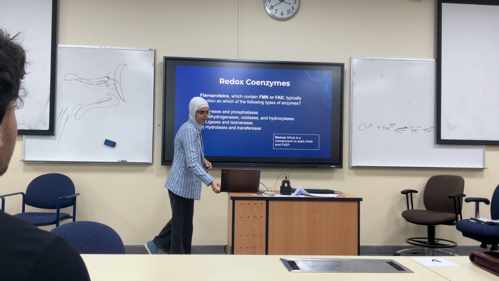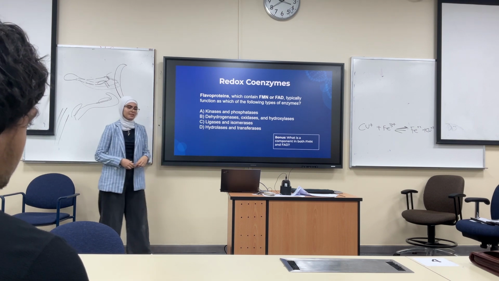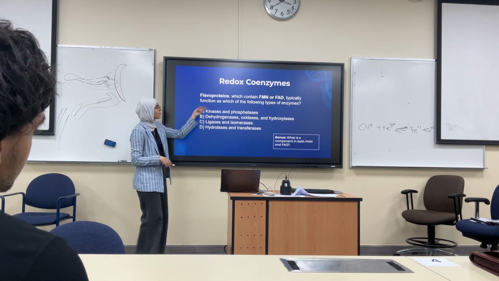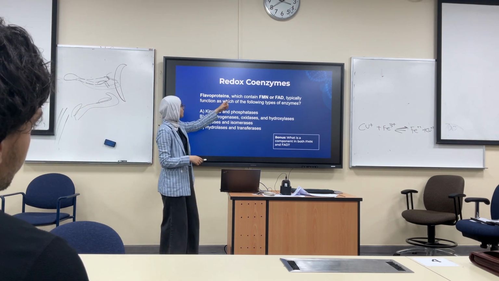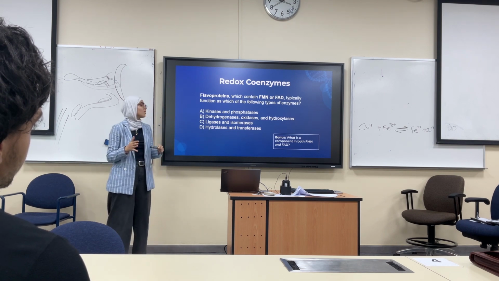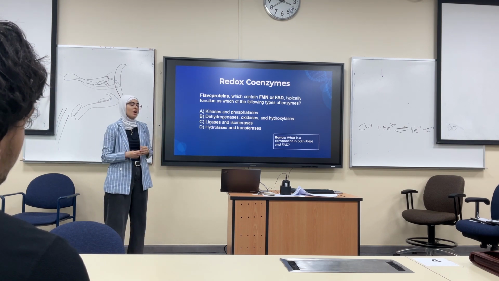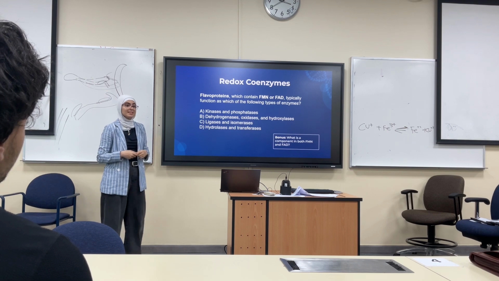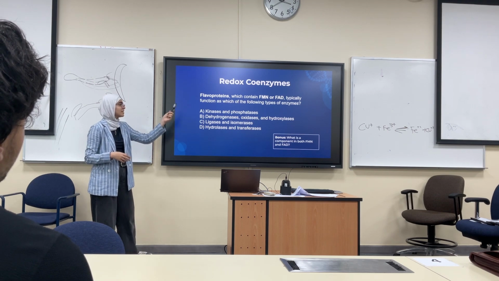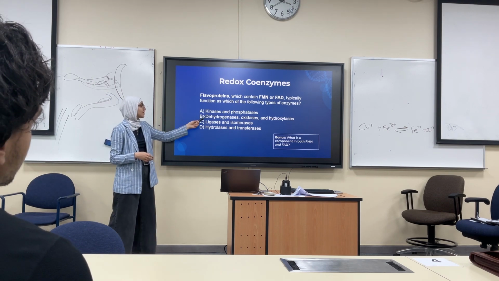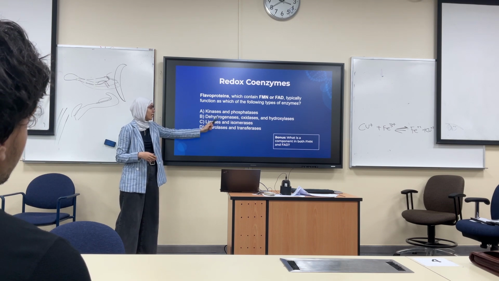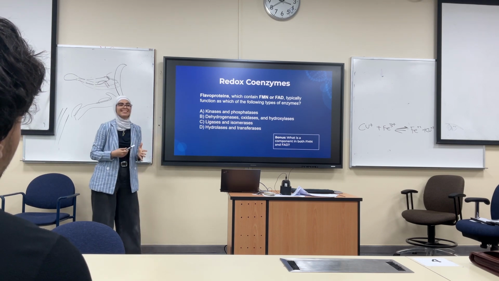Well done. Okay, flavoproteins. You talked about FAD and FMN. They typically function as which of the following types of enzymes? Are they kinases and phosphatases? Or are they dehydrogenases, oxidases, and hydroxylases? Ligases, isomerases, hydrolases, and transferases?